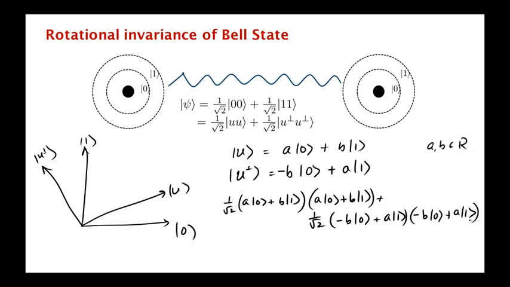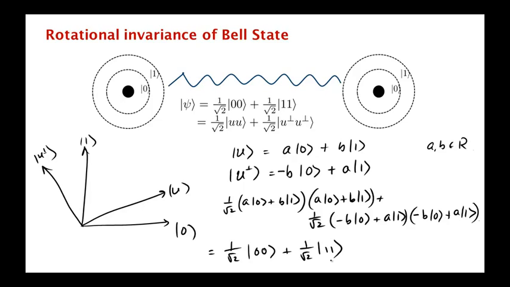And if you expand this out and you simplify, you'll get 1 over square root 2 times 0,0 plus 1 over square root 2 times 1,1. Let's see, should I leave this as an exercise?